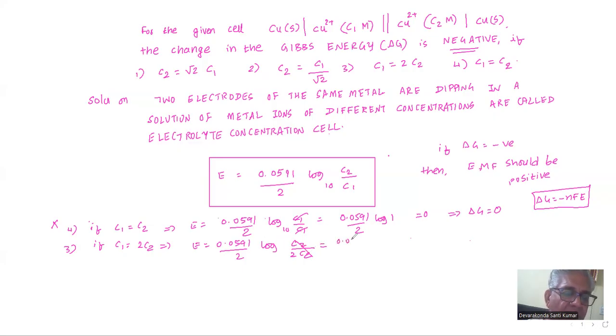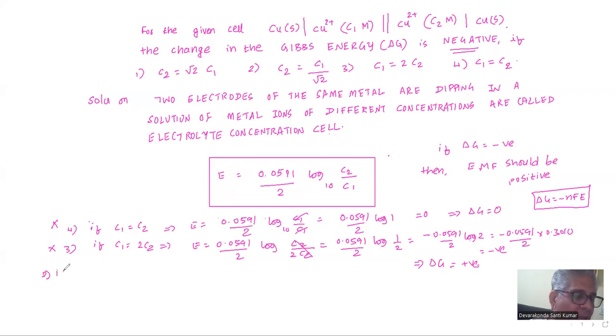So 0.0591 by 2 log 1 by 2, that is equal to minus 0.0591 by 2 log 2, where log 2 is 0.3010. So therefore, this answer turns out to be negative. Then that implies delta G is positive. So therefore, again, this option is wrong. Let us go to the second option.